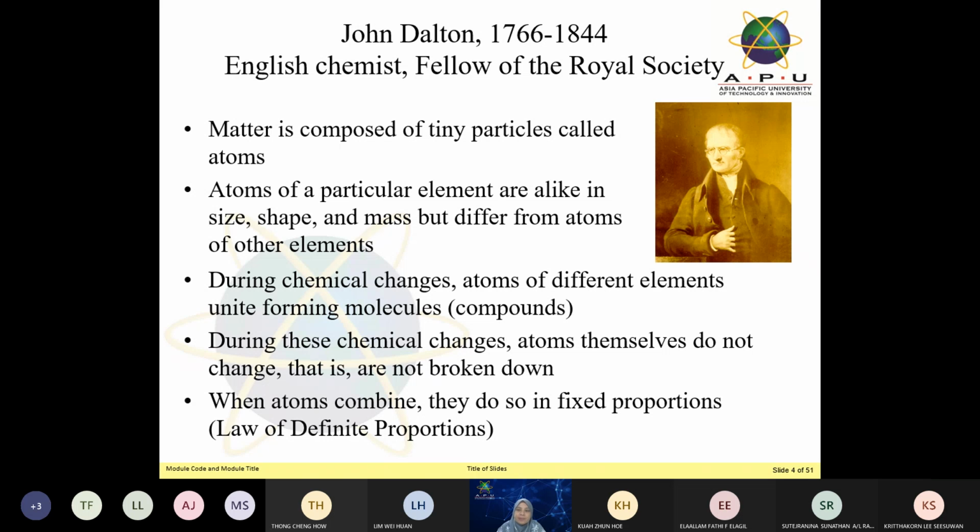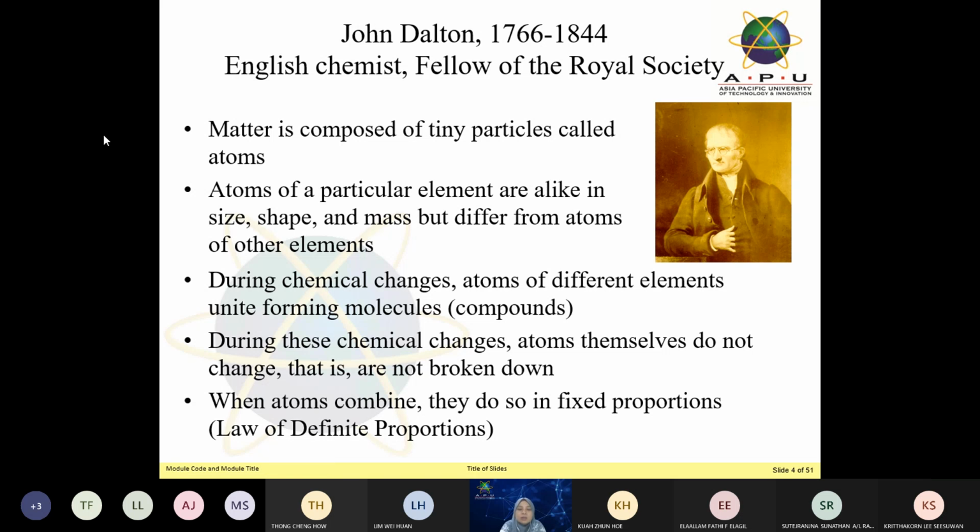Can you explain the second point again? Atoms of a particular element are alike in size, shape, and mass, but differ from atoms of other elements.